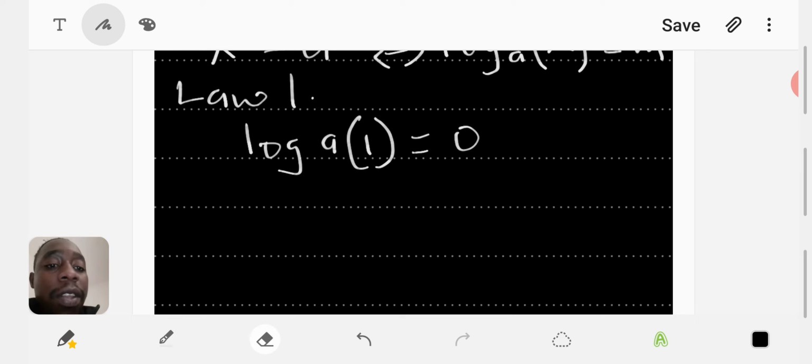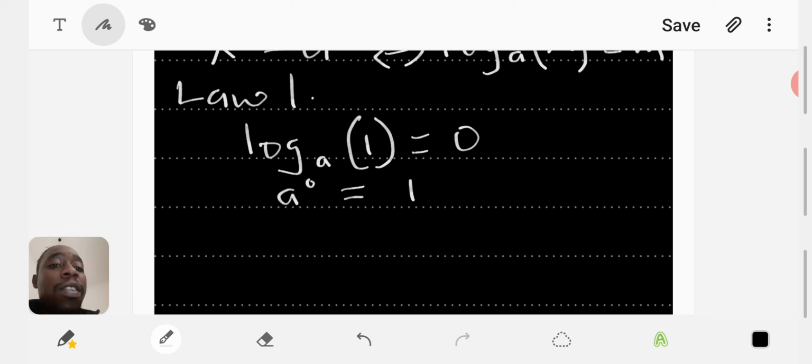What this is simply saying is that a to the power of 0 is equal to 1, because any number to the power of 0 is 1, be it a million to the power of 0 is 1.